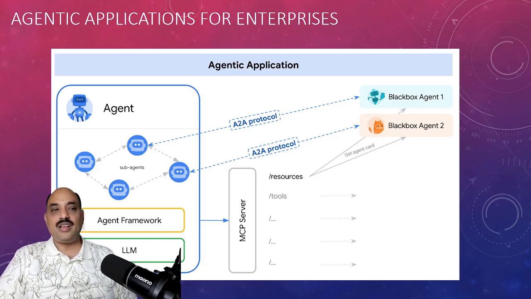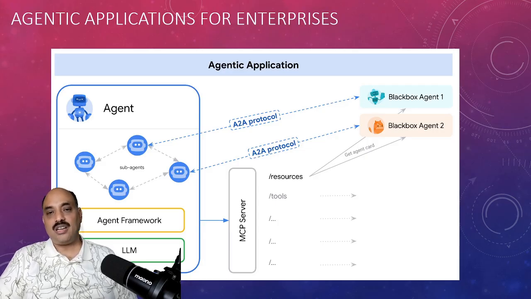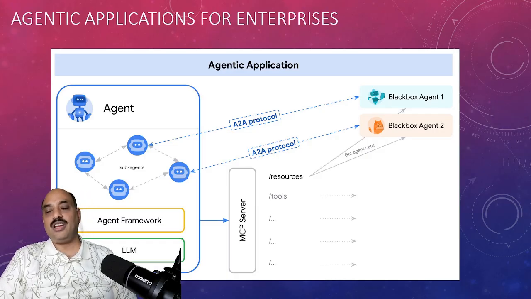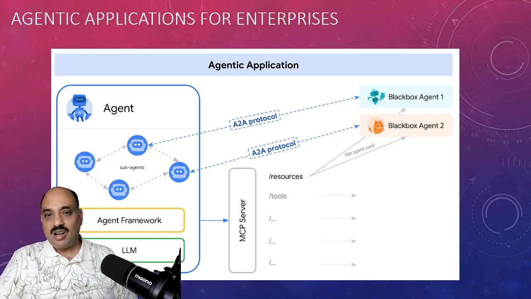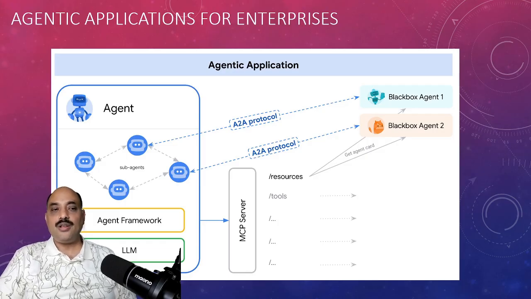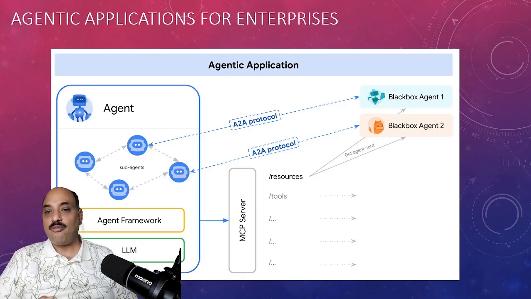So next time you build enterprise applications or you envisage an enterprise platform to hold your agents, or an agentic platform, consider the A2A protocol or agents built on A2A so that you can talk, you can interact, and you can get business outcomes far better.